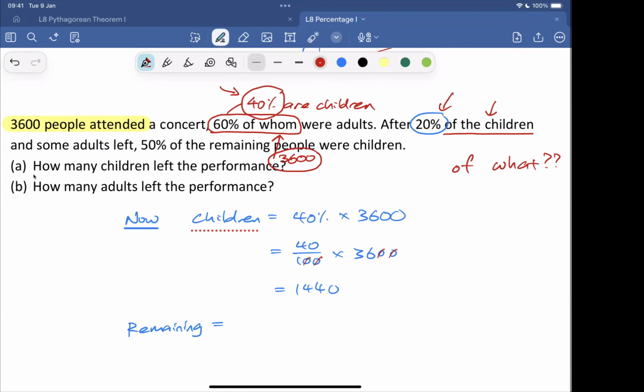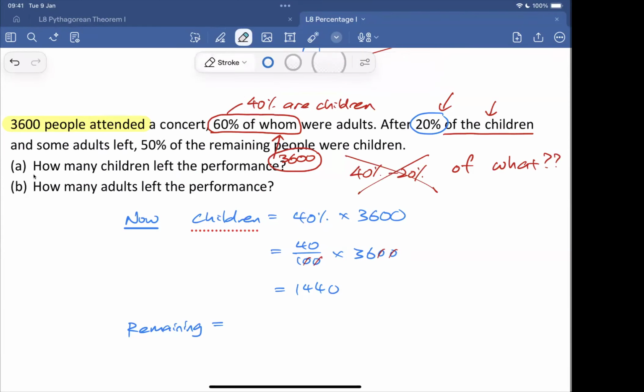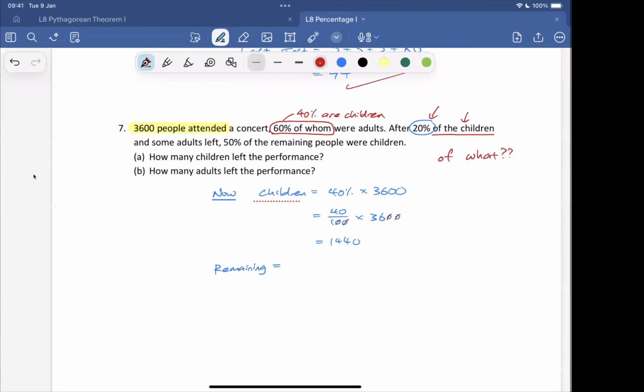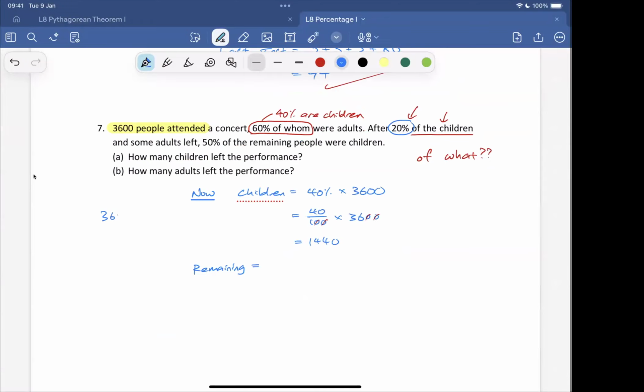So then, what is 1440? 1440 is the number of children. Out of this 3,600, you have adults and you have children, right? Then you found that you have this number of children, 1440.